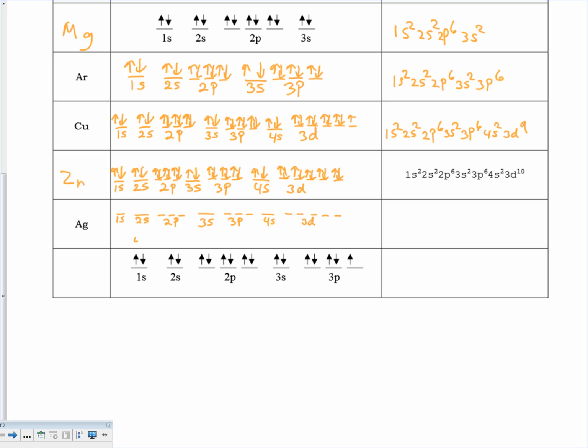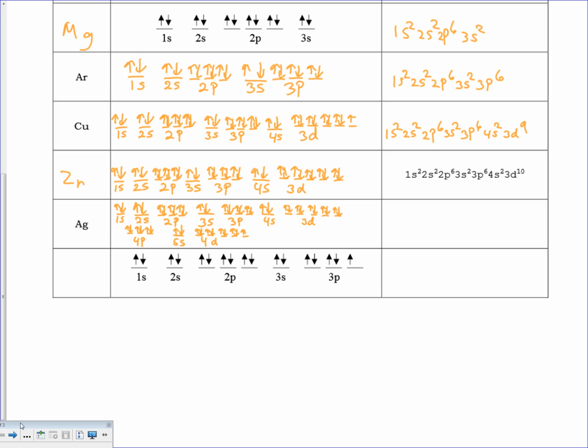I'll go to 4p, 5s, and then 4d. Fill all these up. I'll pause the video now so you don't have to watch me fill all the arrows. Down here to 4d, we are 9 electrons in, so up, up, up, up, up, and then 4 left, down, down, down, down.